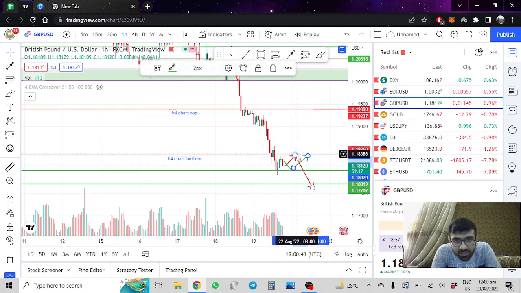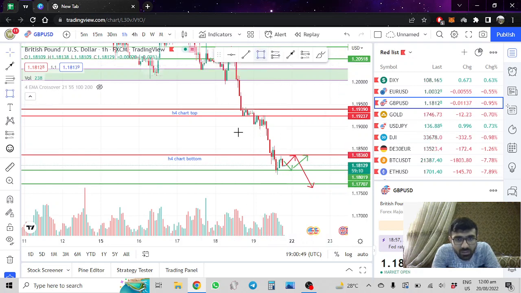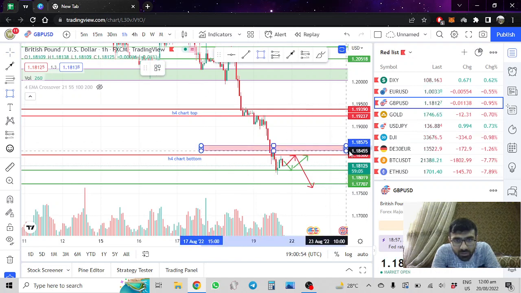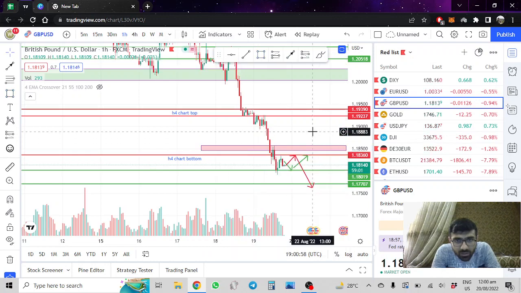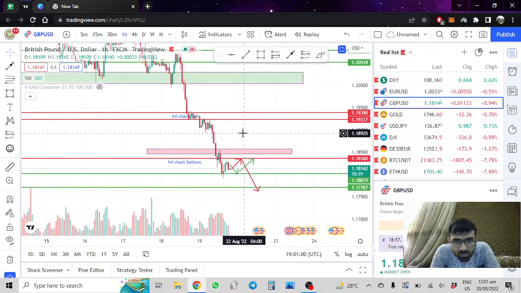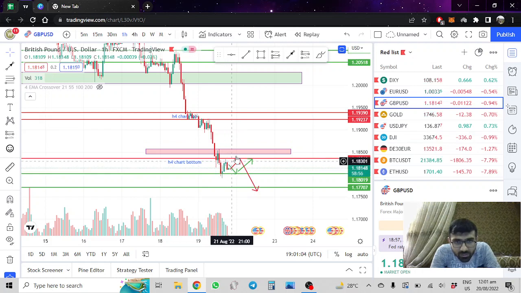If the market tests this area, let me mark this area in a better way so you guys can have a better idea of what I am trying to say. Okay, so now you can have a better idea that if the market enters this box area, which includes these wicks, and we have a selling candle over here, then we can go short easily.